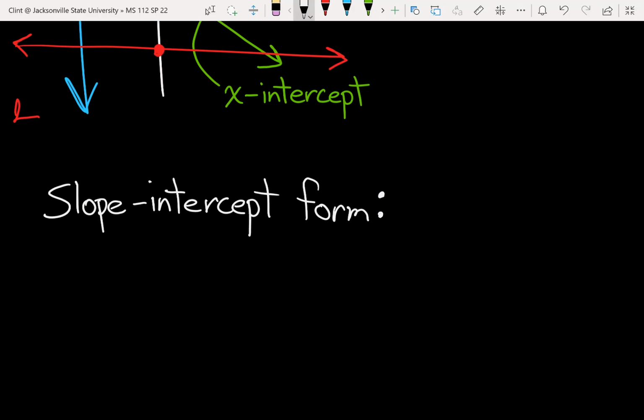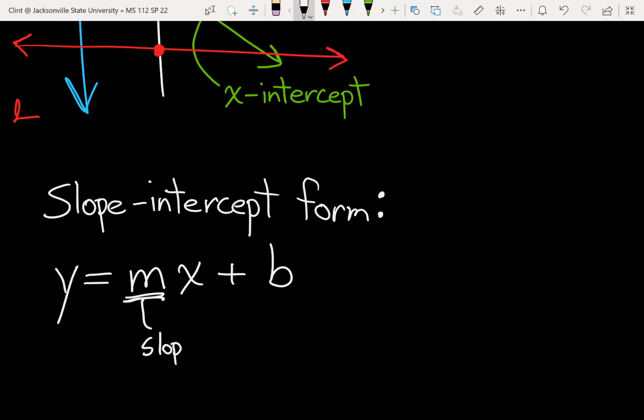It sticks with people for some reason. So we'll have y equals what? mx plus b. That's right. Again, m is our slope, and b is our y-intercept.